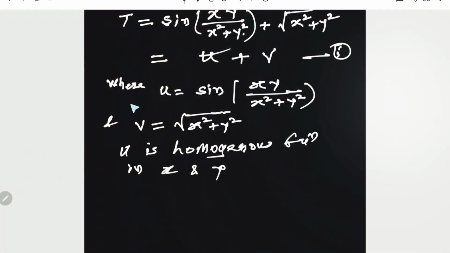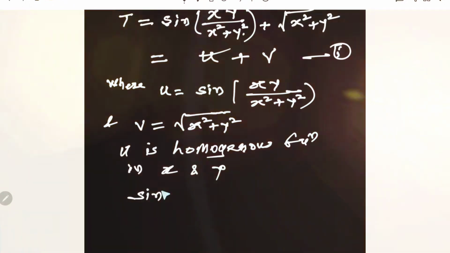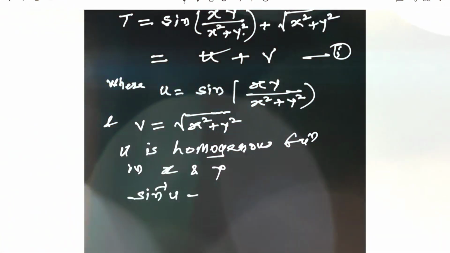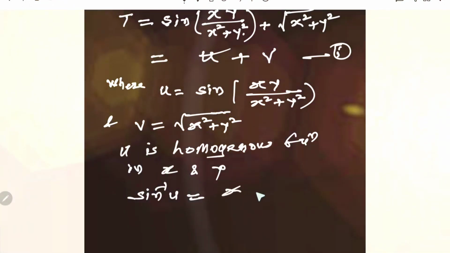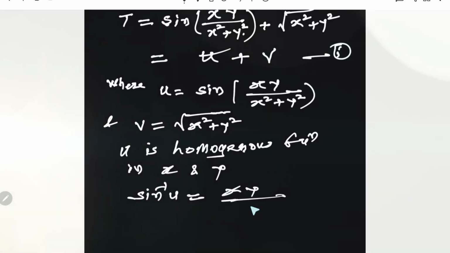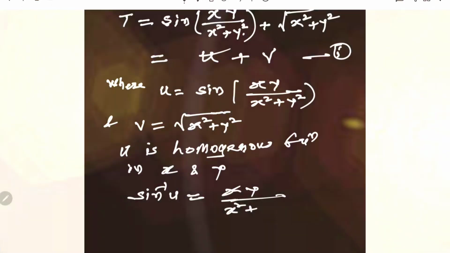Transferring that sine term to left hand side, we get sine inverse of u as xy divided by x square plus y square.